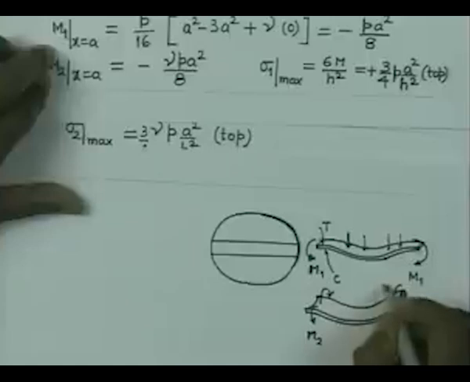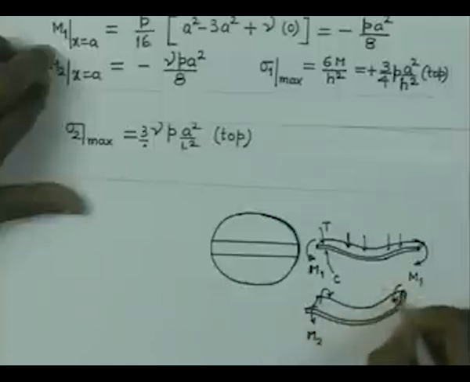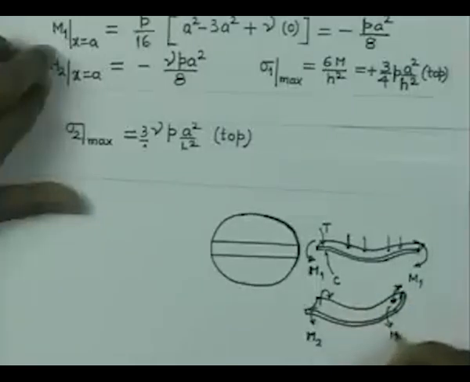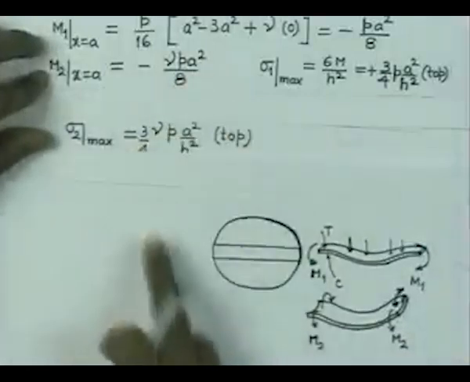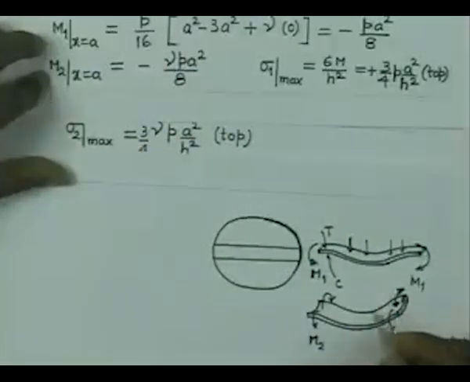This bending moment will try to develop like this to undo that curvature. So, this bending moment is negative, because we have considered the other direction to be positive bending moment. So, this is also a negative bending moment.